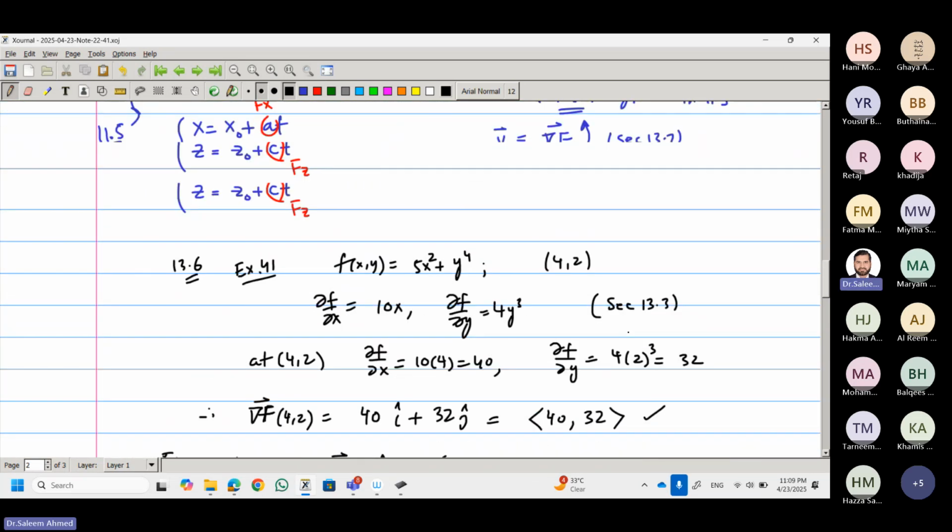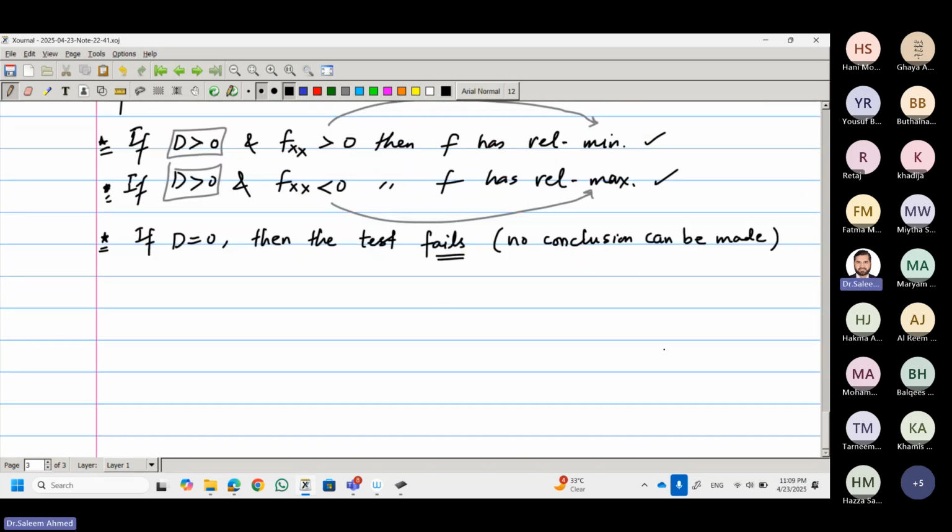So these 3 questions from 13, and then in 14 we have 1, 2, 3, 4, 5. So these 1, 2, 3 were double integrals, right?